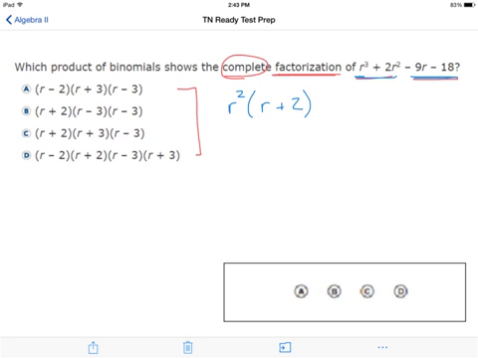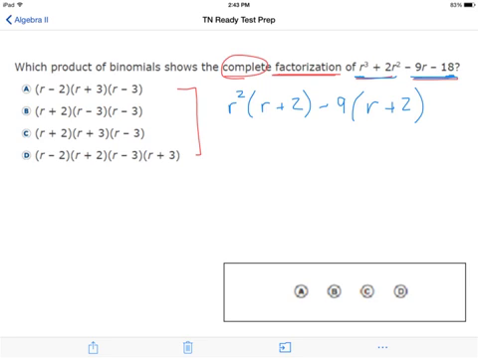I see that they're both negative, so perhaps I can factor out a negative sign, and then I also see that 9 goes into 18, so I'm going to try factoring out a negative 9. That would leave me with r in that third term, and in that last term I would need a plus 2. So if I distributed that multiplication out here, that would give me negative 9r, and then that would give me negative 18, so that works.